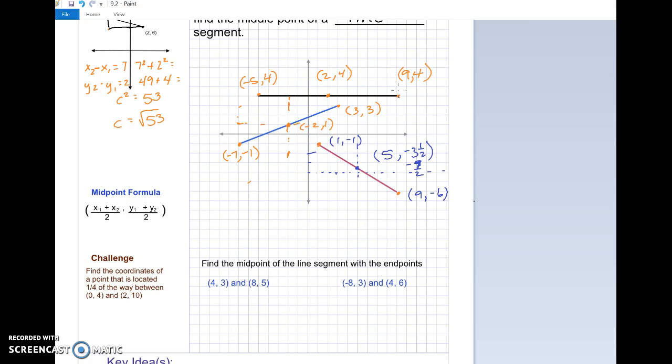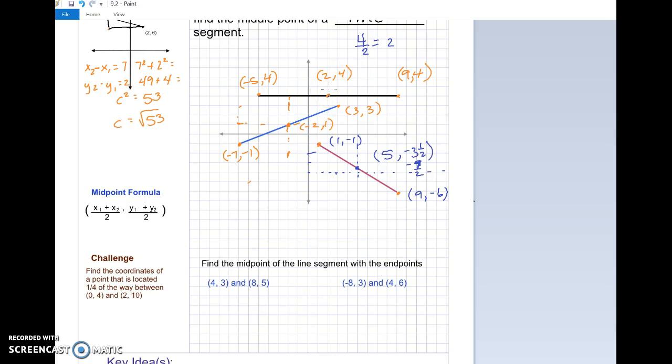So that's going to give me 4, right? And then if I divide it in half, because I'm finding the halfway point, that's going to give me 2. And look at that. That's the value of my x.